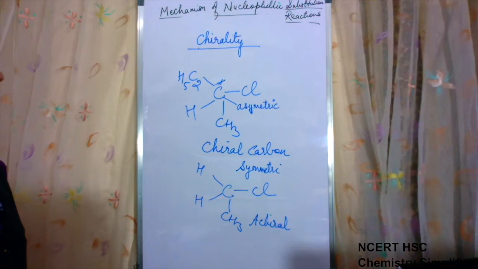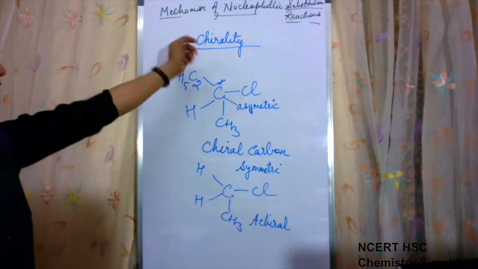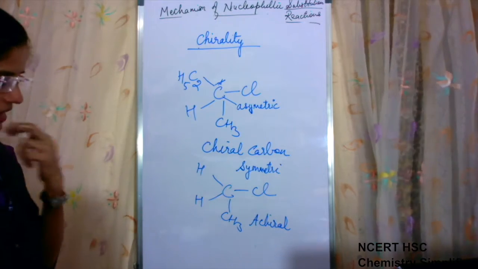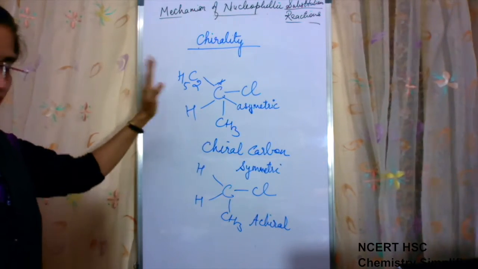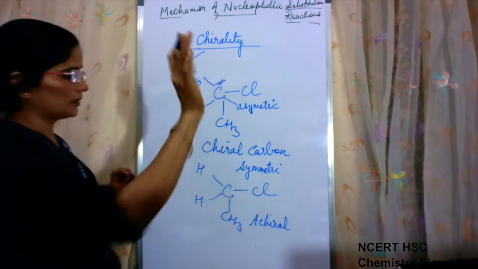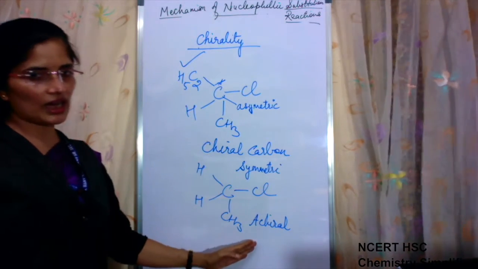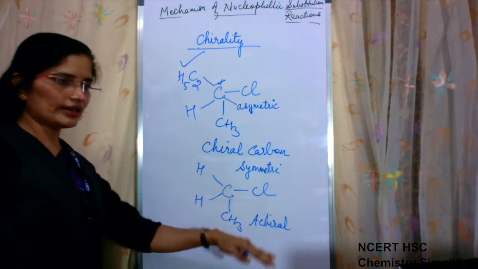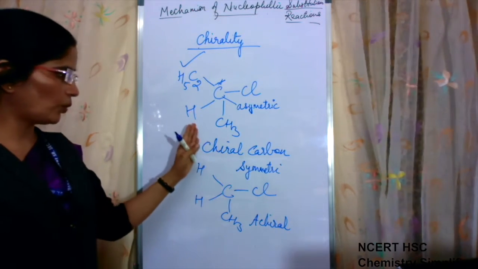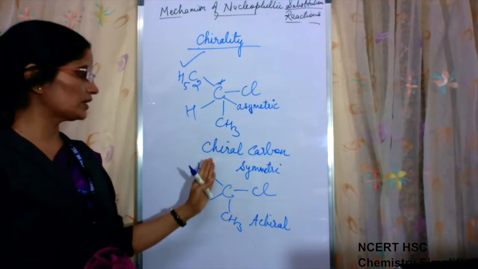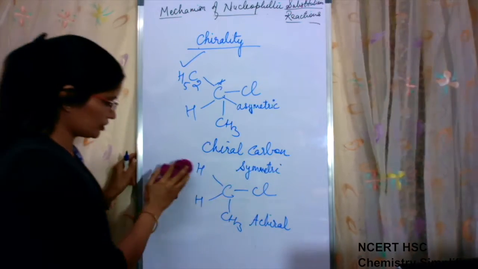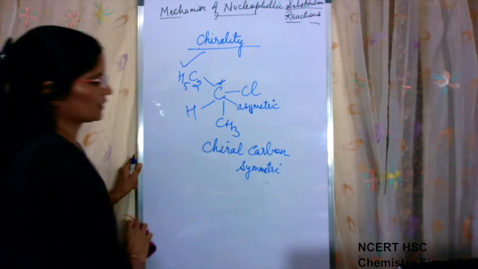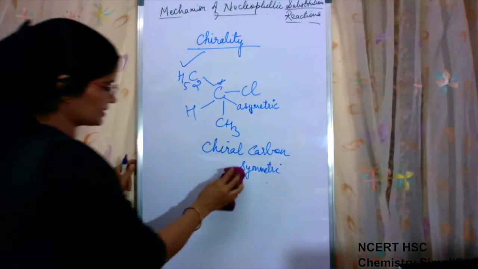And this phenomenon is very important in organic chemistry. So we have to deal with chiral carbon. With achiral carbon, we don't have to do anything, all reactions will be normal reactions. Only when the carbon atom is chiral, what we have to see is something different. Now this is chiral carbon, asymmetric.